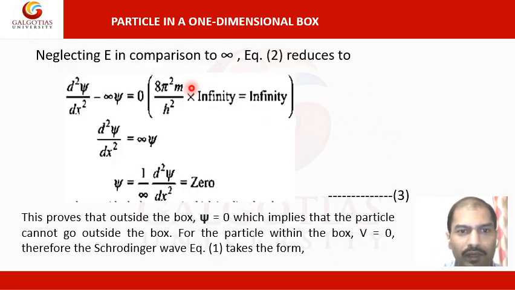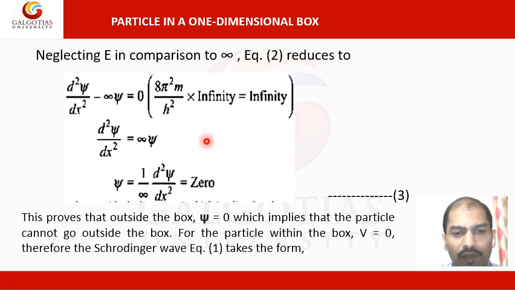After neglecting E in comparison to infinite, the equation reduces to d square psi upon dx square minus infinite times psi, since when you multiply 8 pi square m upon h square with infinity, the value also becomes infinity.